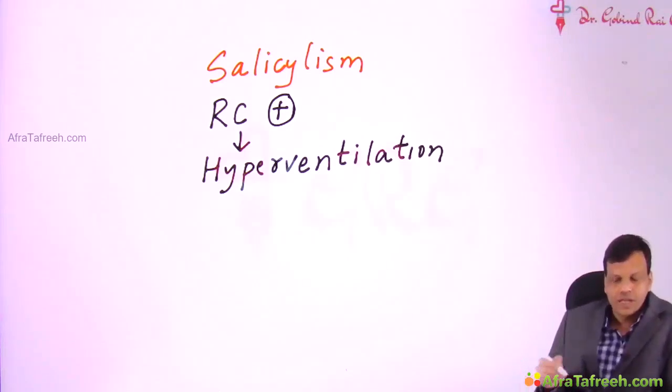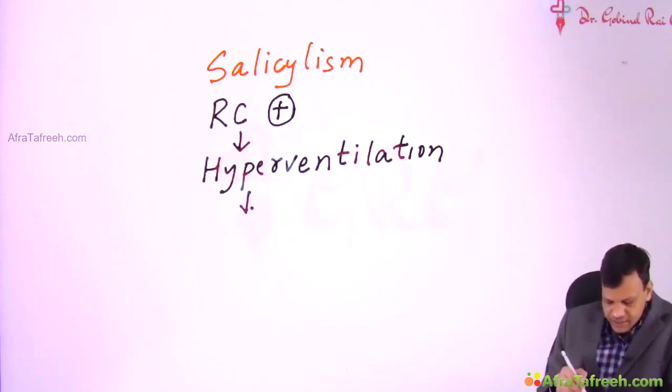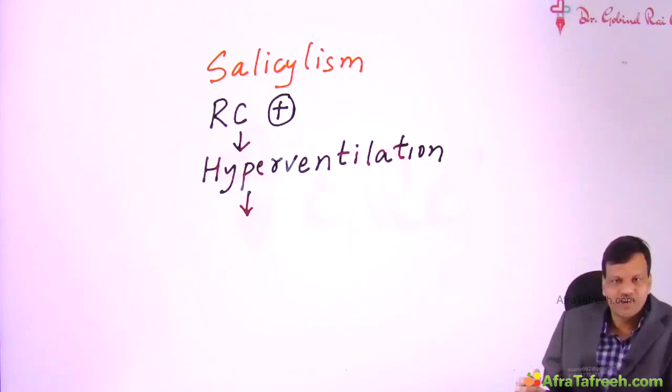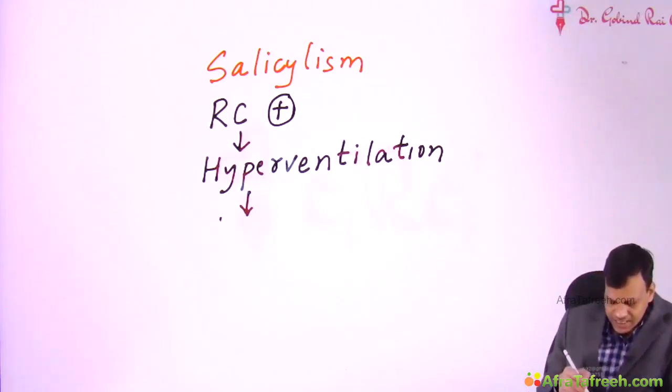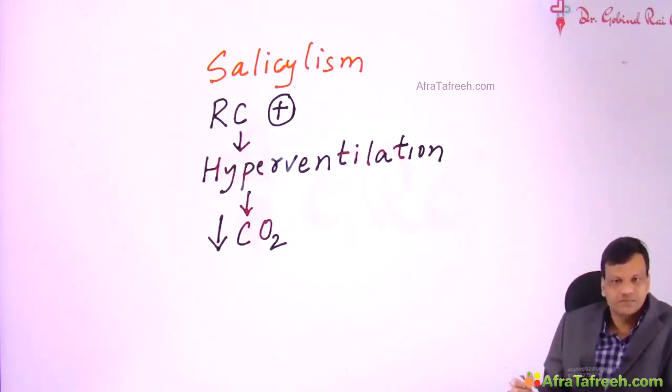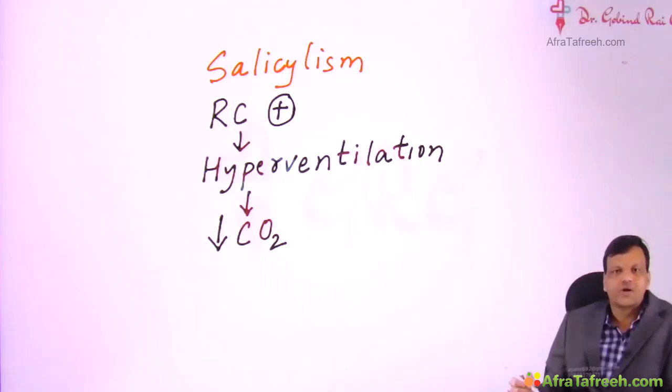This hyperventilation results in more intake of oxygen and more removal of carbon dioxide. So there will be excessive removal of carbon dioxide, which will become less in the blood. And when carbon dioxide is less in the blood, it will cause alkalosis.